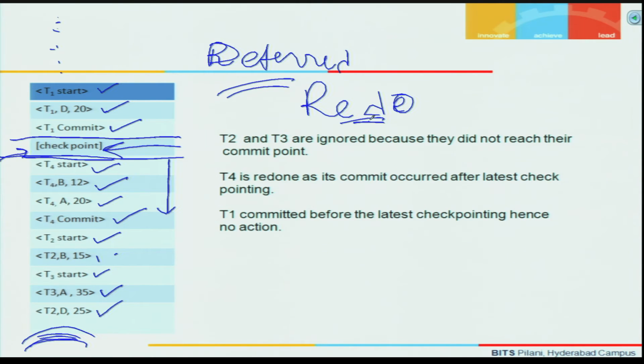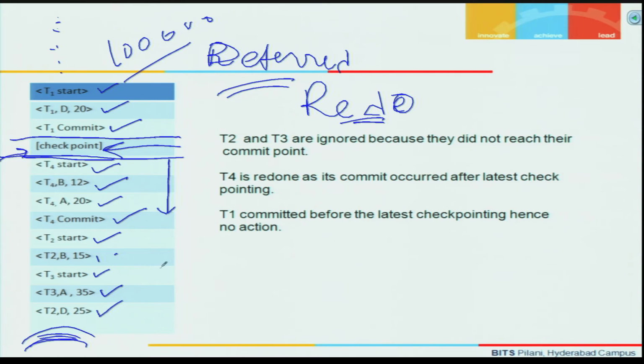That is why there could be 1 lakh entries in the logbook, and I do not have to worry about all of them. I need to consider only those transactions which have been started and not completed during the checkpointing, that is those which have started just before the checkpointing and are not committed, and those which are started and committed after the checkpointing.